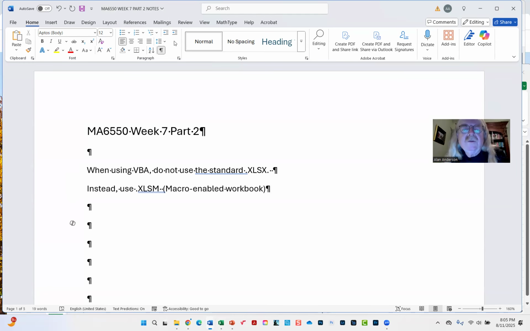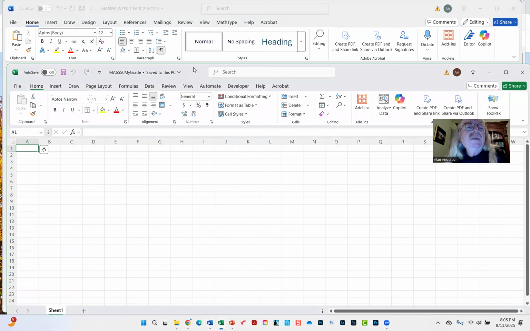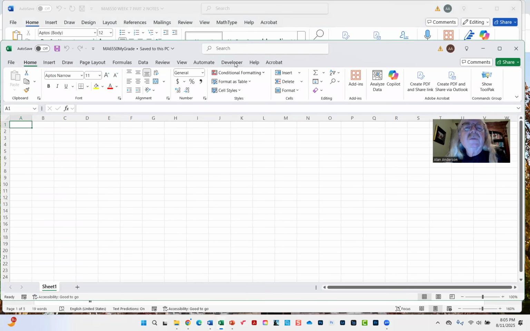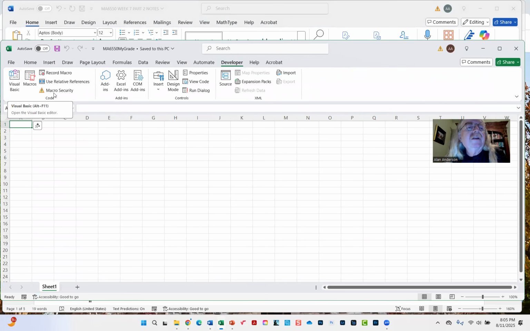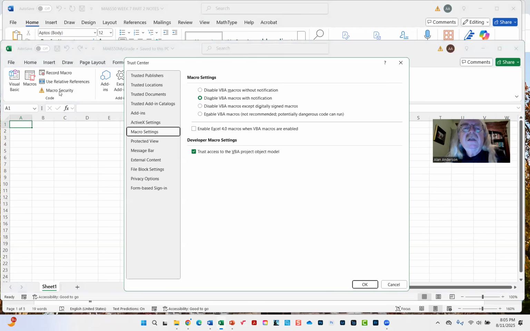Now, even then, here's what we have to watch out for. If you come into here, I'm going to show you where developer is. Here's the Visual Basic. Now, here's macro security. And macro security can be set to tell it to disable all of your VBA code. You are the one who has to decide how much you can trust VBA.